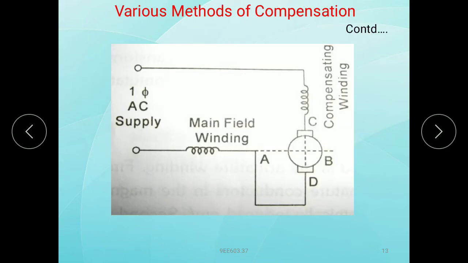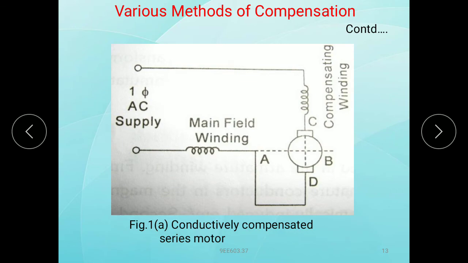See here, AB is the main field flux and CD is the armature flux. This is the compensating winding, so it is a conductively compensated series motor.